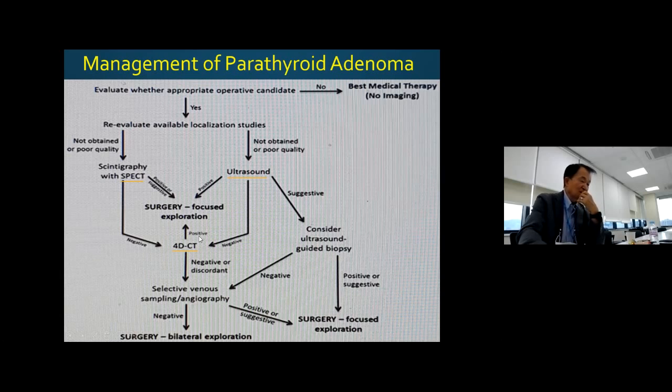And there have been a lot of imaging studies, including nuclear medicine, SPECT-CT, ultrasound, MRI, all things. But MIBI SPECT-CT has been the most utilized, at least at MD Anderson.